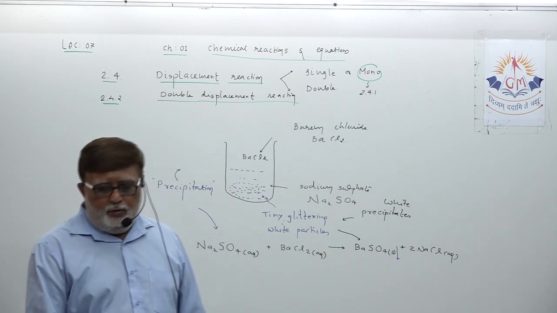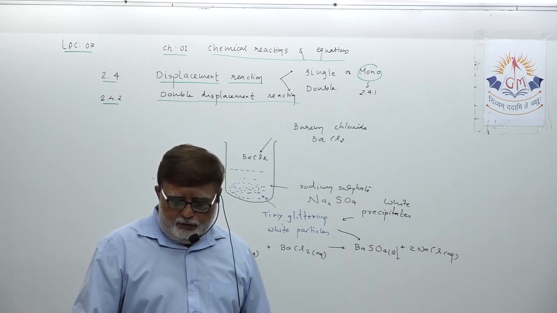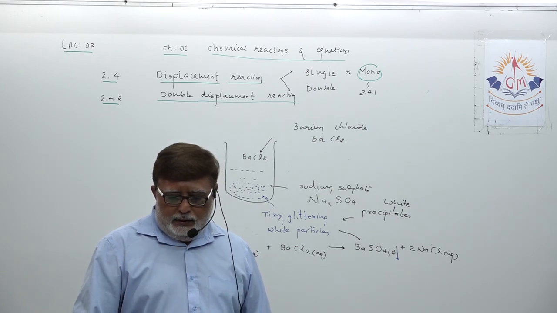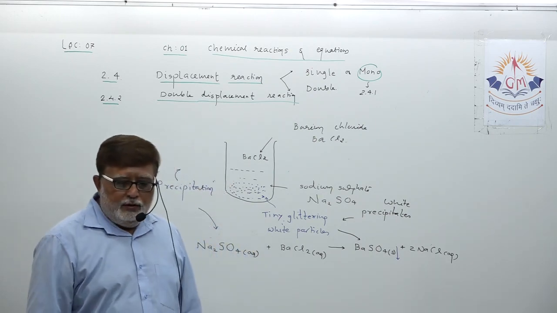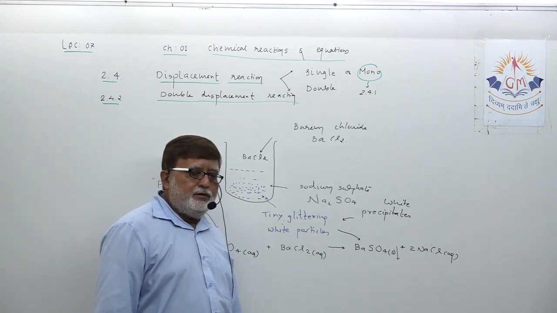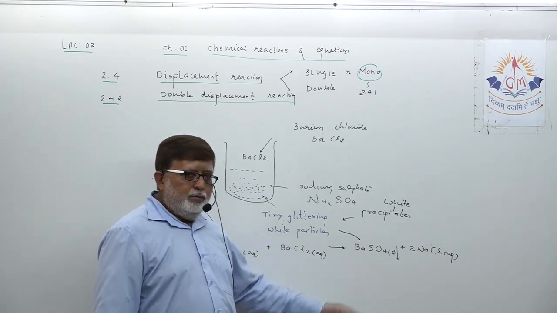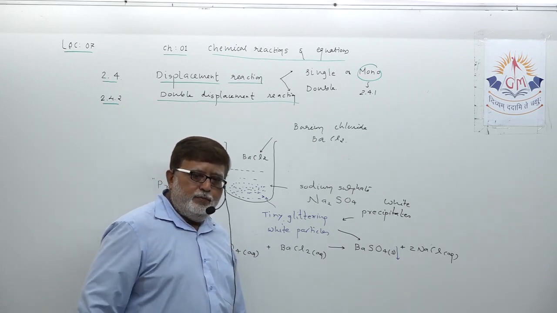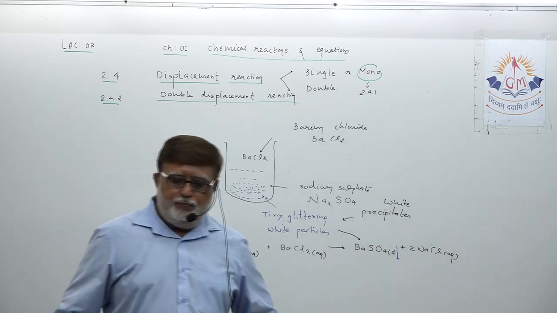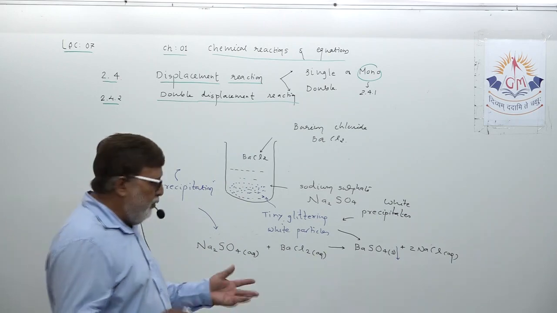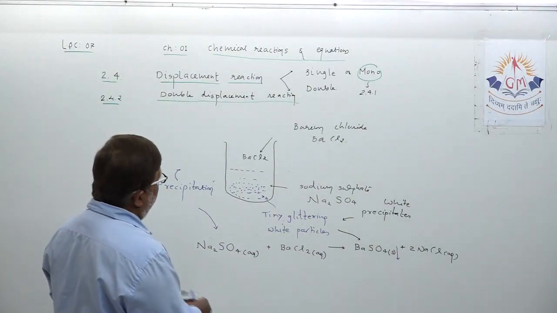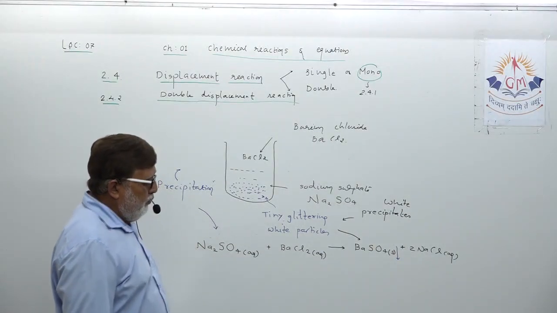Here the exchange of ion takes place, so such reactions are called double displacement reactions. It is also known as precipitation reaction. Why precipitation? Because barium sulfate particles are precipitated here. Okay, so you can call it precipitation reaction also.